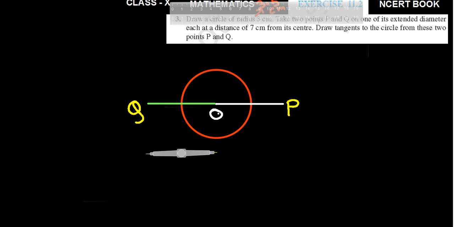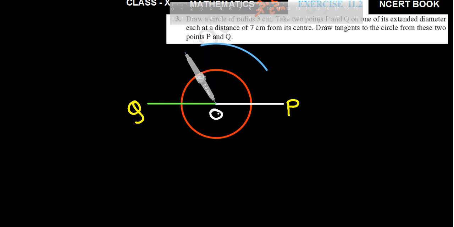So first of all, from P, let's draw the tangents. To draw tangents from P, what do you do? As usual, we take a length of arc more than half of OP and draw an arc above OP and below OP. Let's draw.